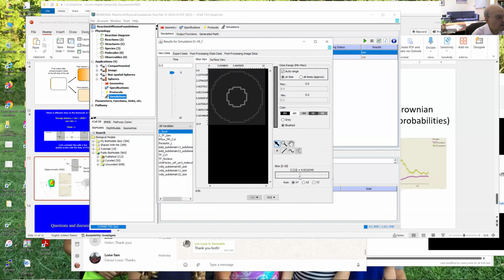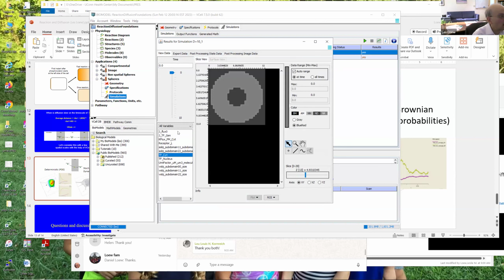Okay, this is about the middle, and this is 0 time. Let's look at the transcription factor. At 0 time, it's 0 everywhere. If we go down to 10 seconds, there's a very nice gradient.